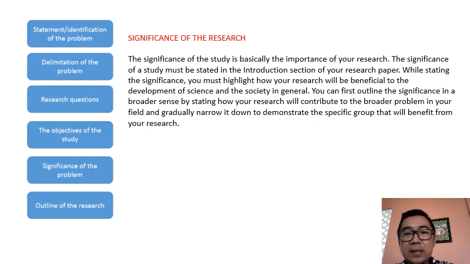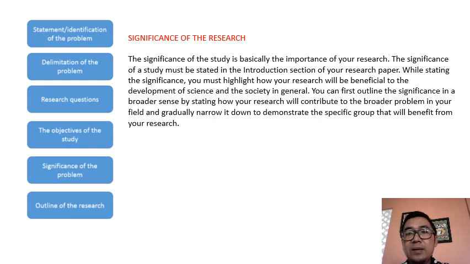While stating the significance, you must highlight how your research will be beneficial to the development of science and technology, as well as the society in general. Jadi ini harus menjelaskan bagaimana hasil research itu bisa bermanfaat bagi pengembangan ilmu pengetahuan, teknologi, ataupun masyarakat secara keseluruhan.